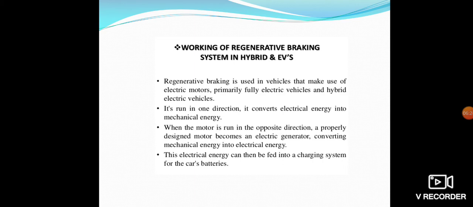That's why the kinetic energy of the vehicle reaches the motor in the form of mechanical power. With the help of mechanical power, the motor produces electricity, and it also produces some back EMF, which is used to resist the vehicle, which is useful for stopping the vehicle and also useful for producing electricity.